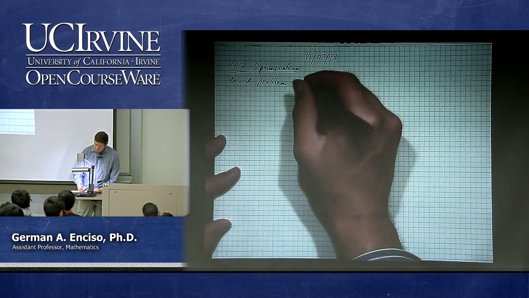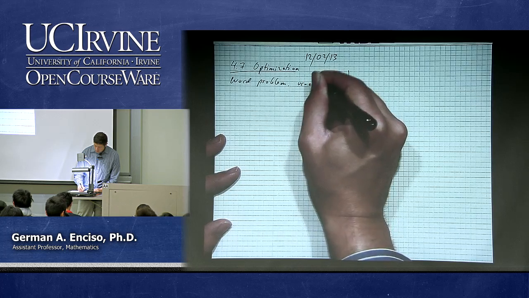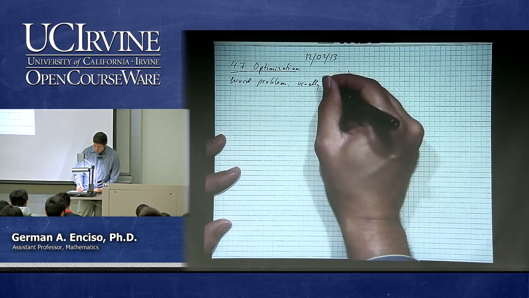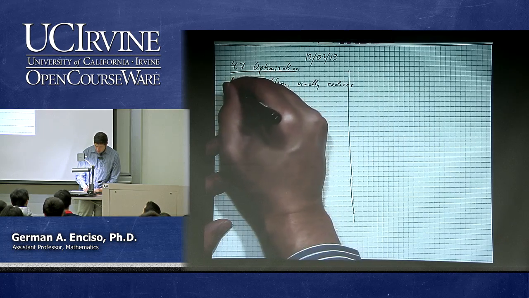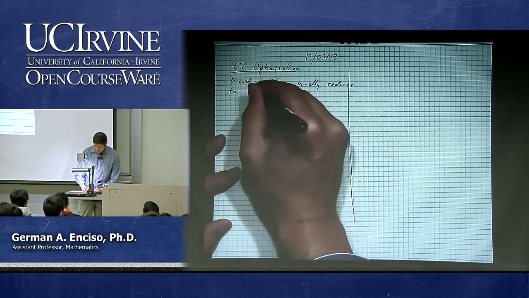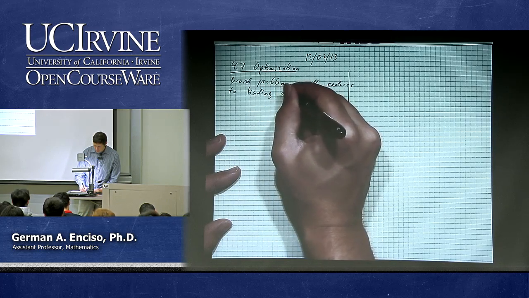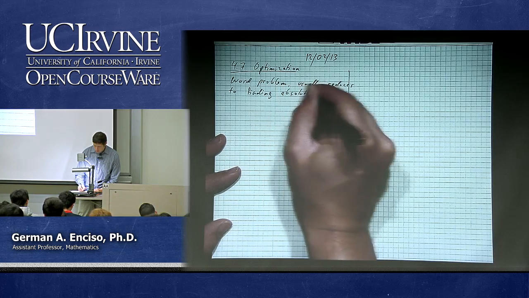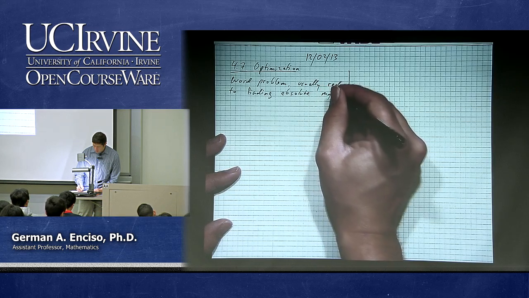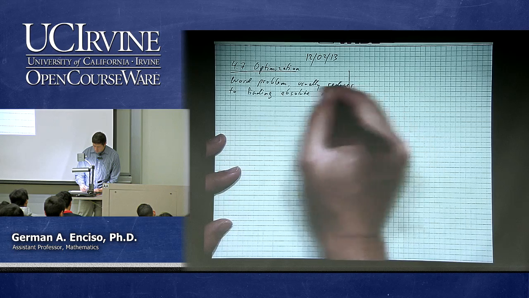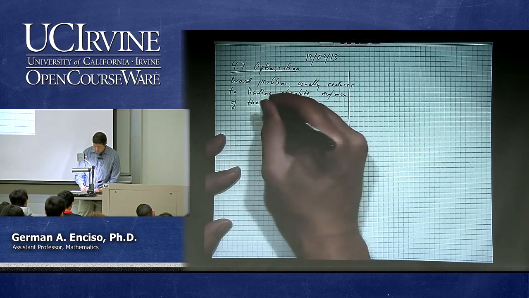And it usually reduces to finding the absolute minimum or maximum of the proper function.